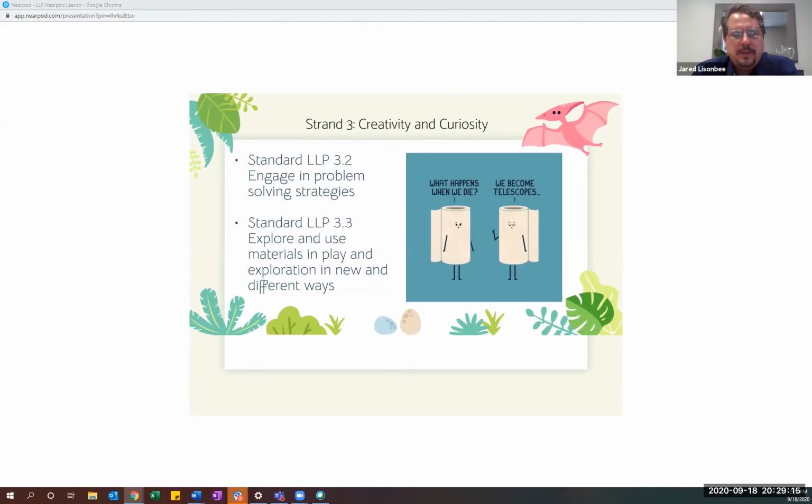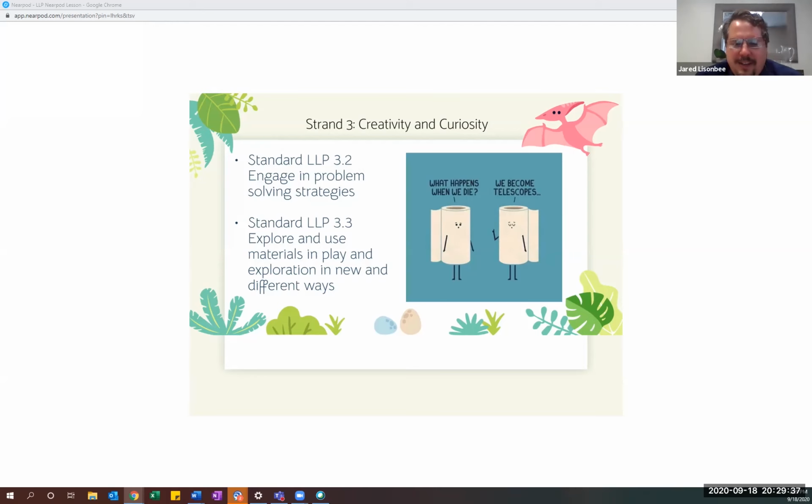But being able to say, oh, I can't do this, and then seeing the teacher scaffold that by, well, what can you do to solve this problem? When it's reframed as a problem to be solved, that can encourage that more curiosity component of trying things in different ways. And finally, exploring and using materials in play and exploration in new and different ways.